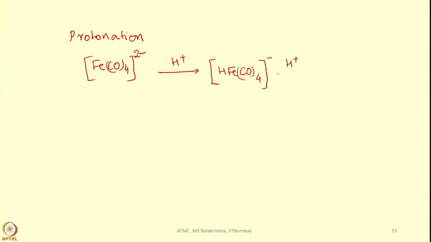Let us take the Fe(CO)4 dianion and add H plus here. We can make the anionic species, and then if you add one more, we can make the neutral complex here.